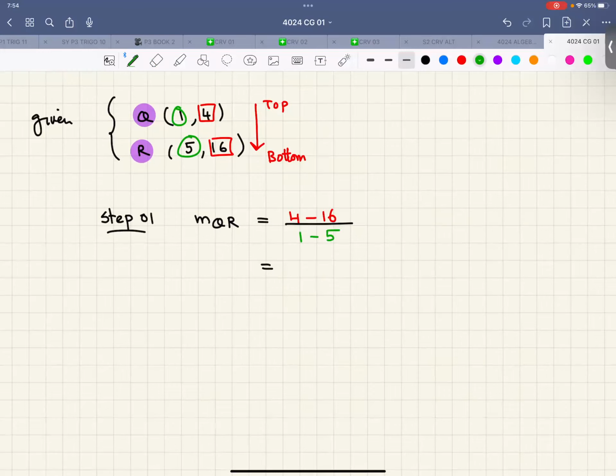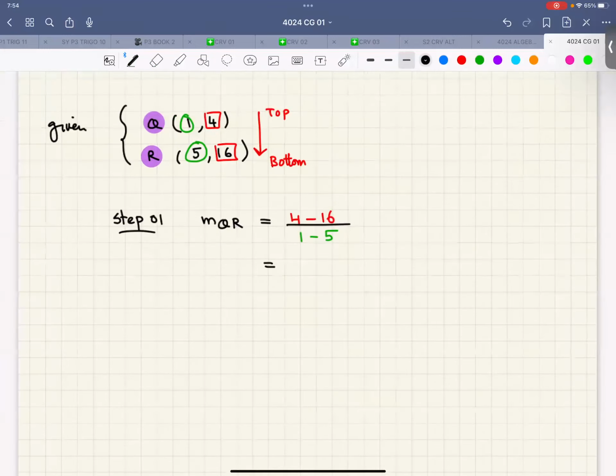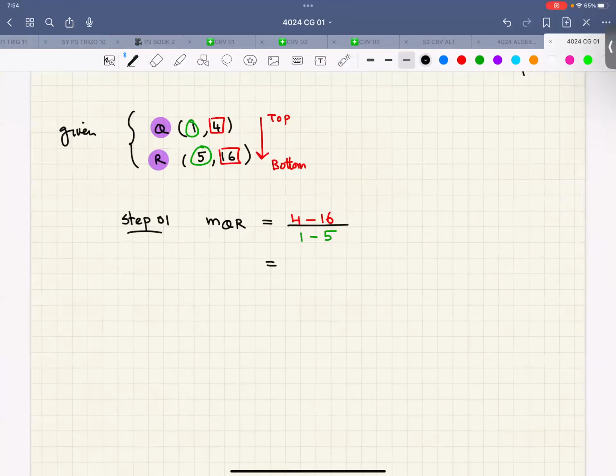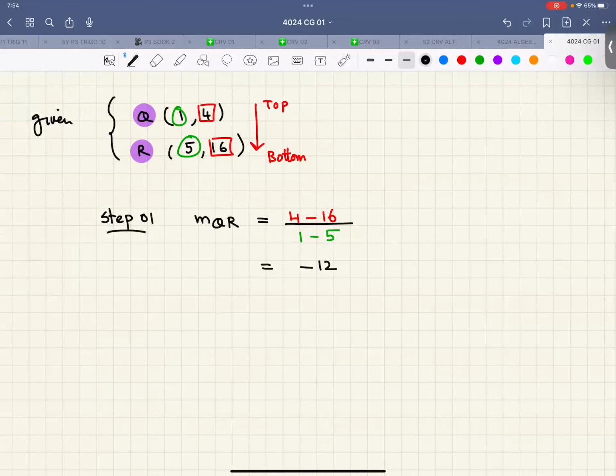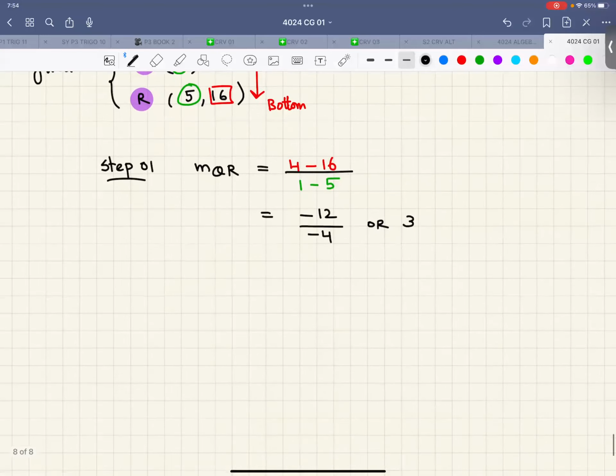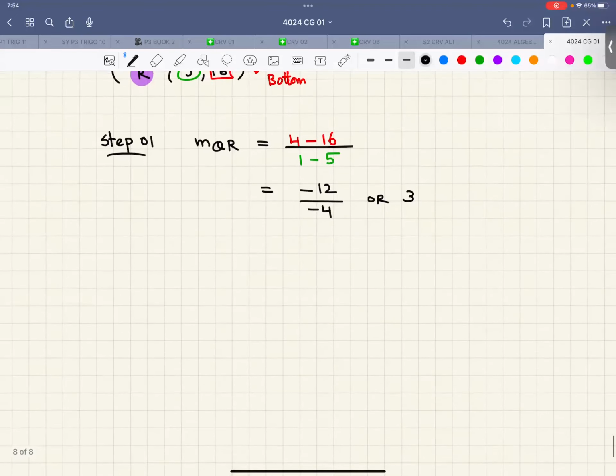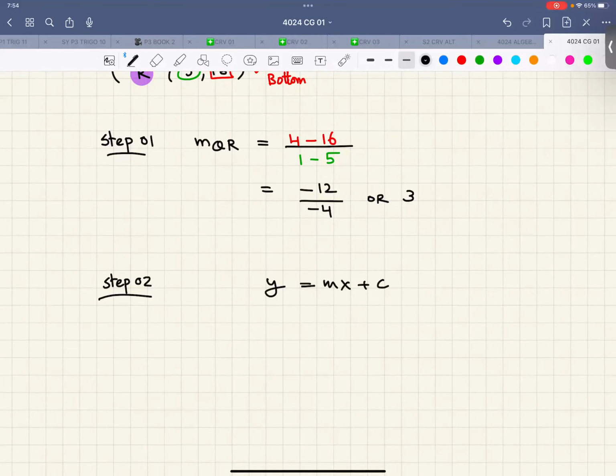So therefore, 4 minus 16, that is negative 12. 1 minus 5, that is negative 4. After division, this comes out to be 3. That's the first thing that's found. Now, step 2 is write down the equation y is equals to mx plus c.